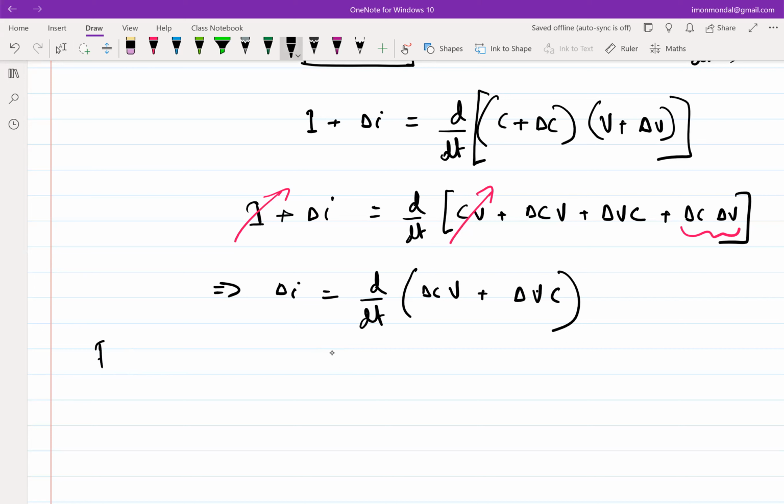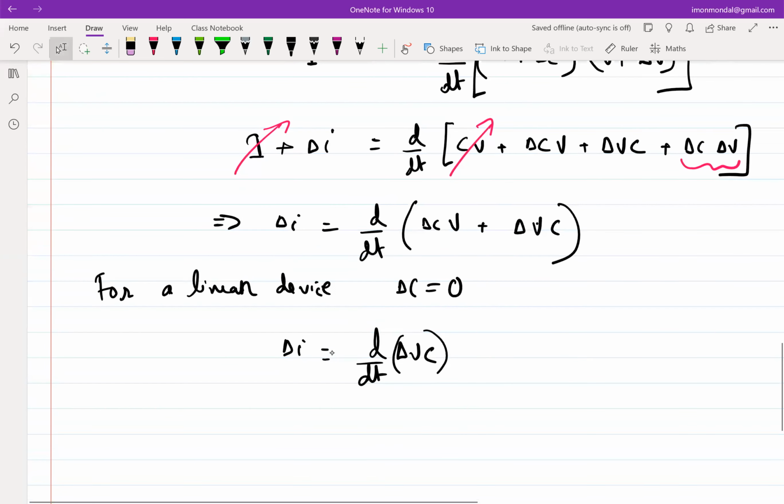So for a linear element, del I will be del V times, or I can take the C out, C. Right?